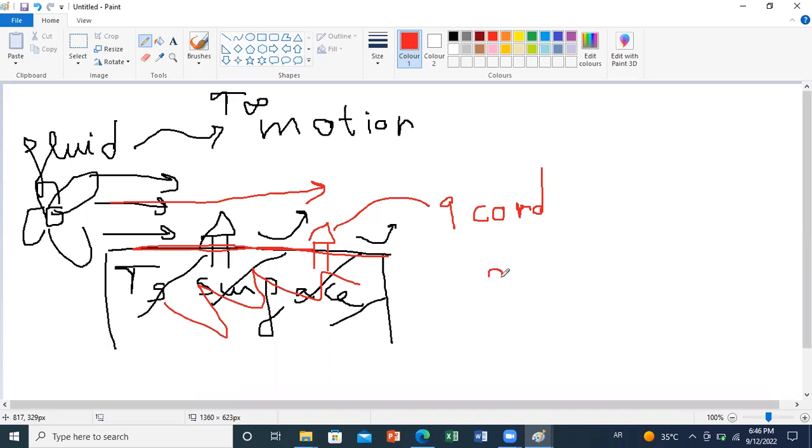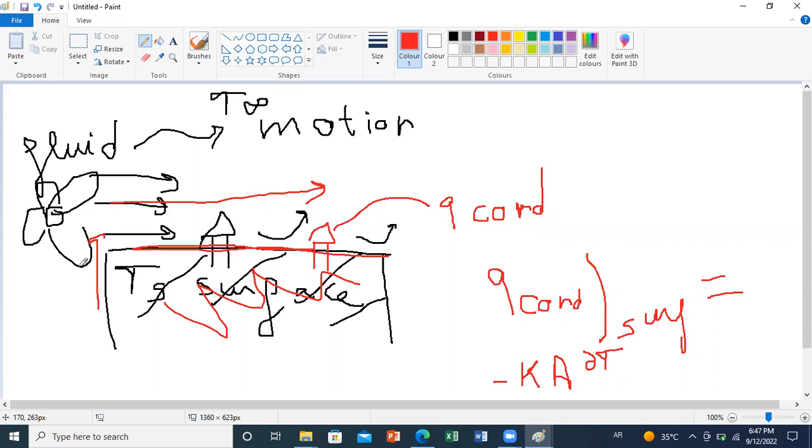So we say then that Q conducted at the surface level, which can be written as minus K of the solid times the area times del T, in this direction Y, so minus del T by del Y at the surface level, the gradient of temperature within the solid, will be equal to the convected flux.